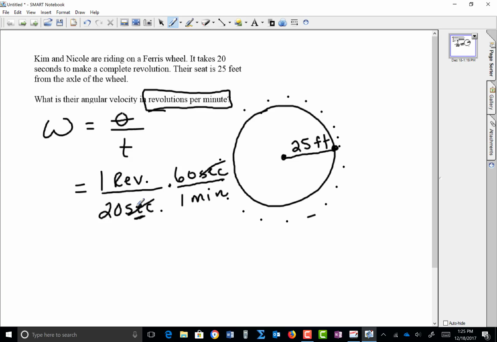And so now we would just need to do the math. We have revolutions on the top, minutes on the bottom. So we have 1 times 60 is 60 divided by 20 times 1 is 20. So 20 goes into 60 3 times. So for this we have 3 revolutions per minute. So we've answered that question on this one.